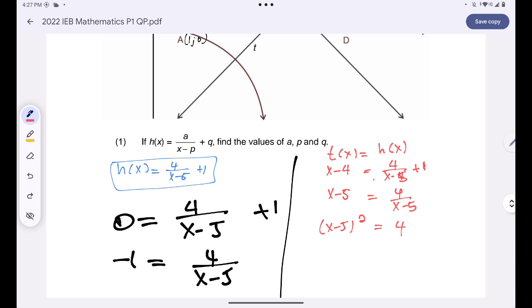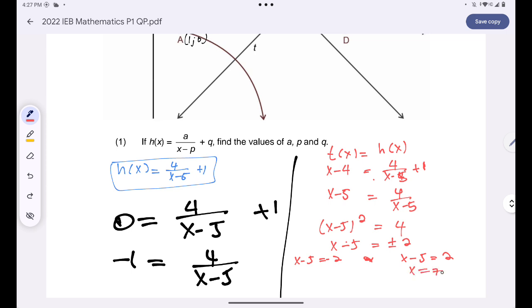I can find the square root on both sides. Then x minus 5 is equal to plus or minus 2, right? So I'll simply say x minus 5 is equal to negative 2, or x minus 5 is equal to positive 2.